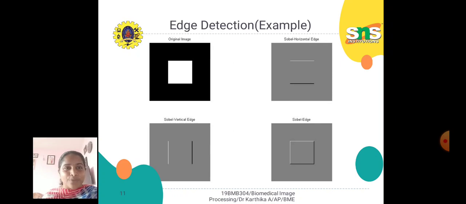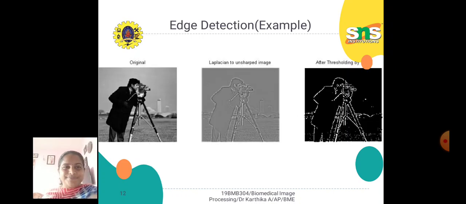Finally we get the original image edges with 4 corners. See here the original image: here we have Laplacian to sharpen the image, and after thresholding we get the edge. Based on the application we can choose the edge detection operators.